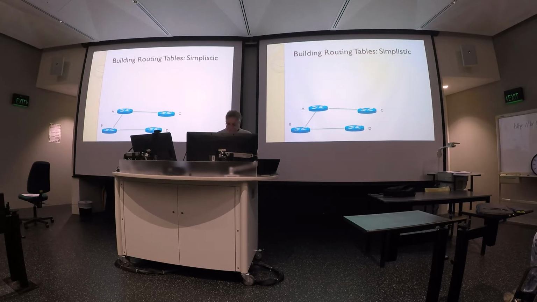This microphone is very sensitive today, and I can't hear it. Okay, so we've got this very simple network, A, B, C, and D. The lines obviously show the connections. It's not a fully connected network. Now, let's imagine this network all starts up at the same time. It's just been switched on with the flick of a switch.